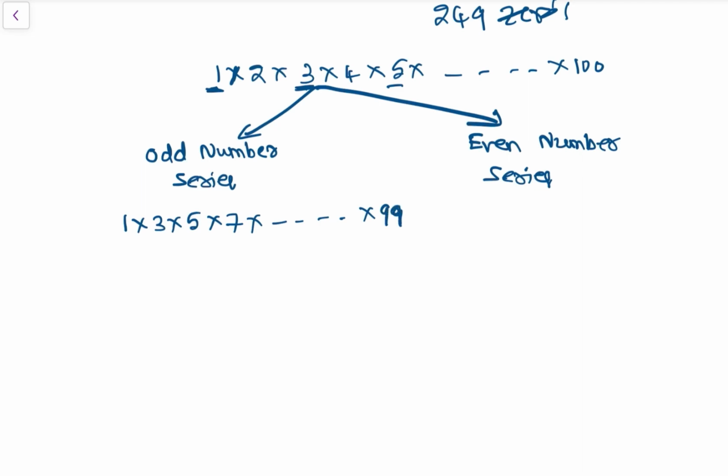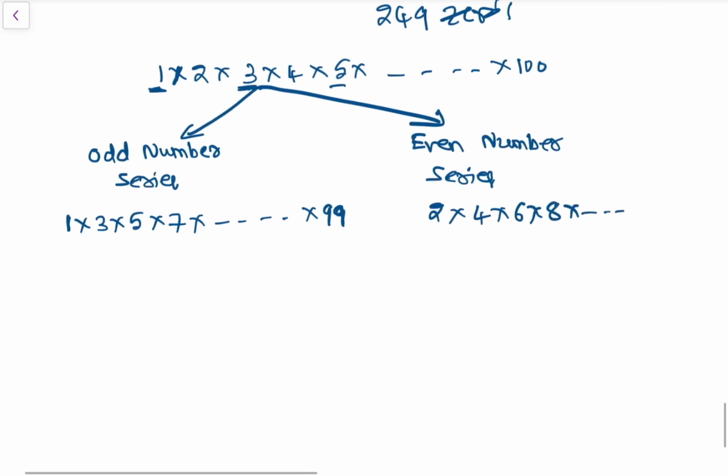Then the even number series is 2 into 4 into 6 into 8 and so on into 100.